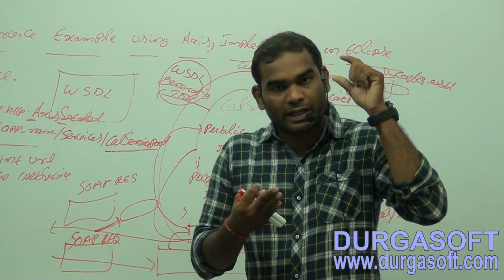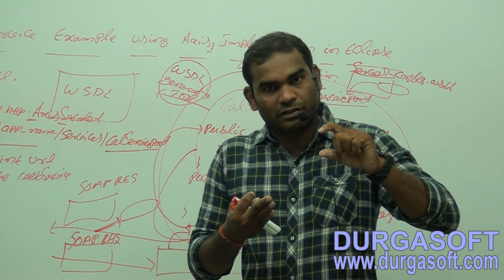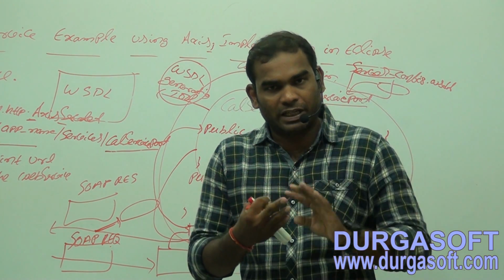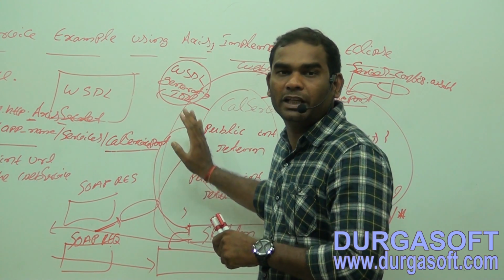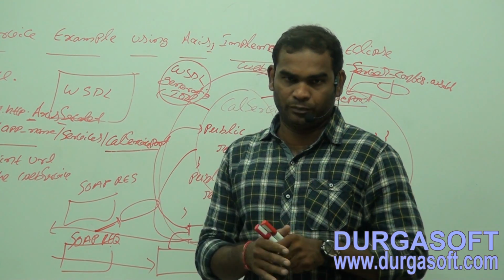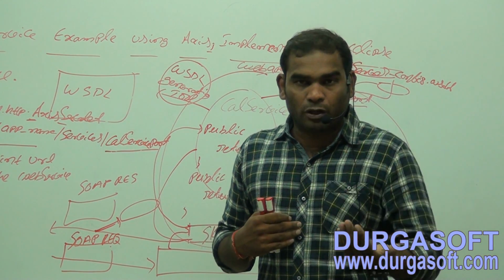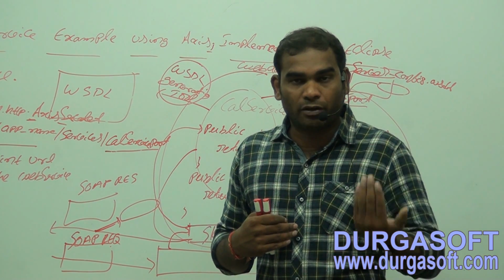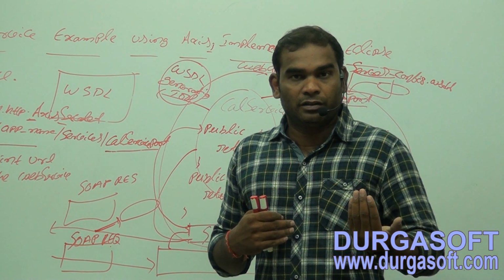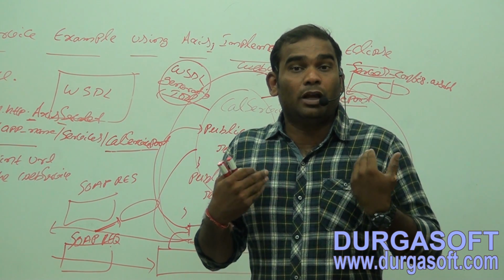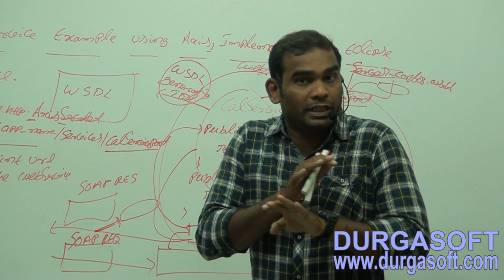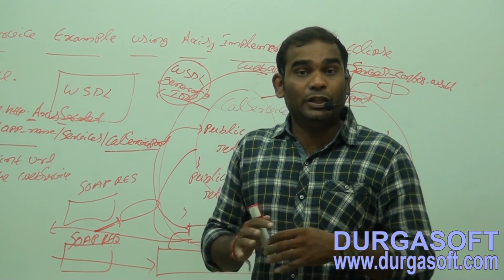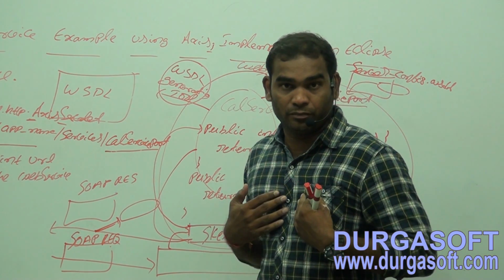So if you are creating a web service using any one of these implementations, it will automatically perform all these steps. Now I want to use the Metro implementation in Eclipse. The Metro plugin is not available in Eclipse, so you need to do all these steps manually. Meaning what?